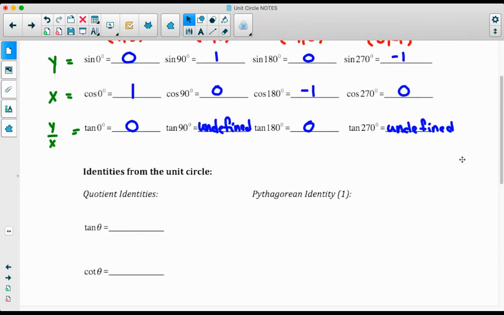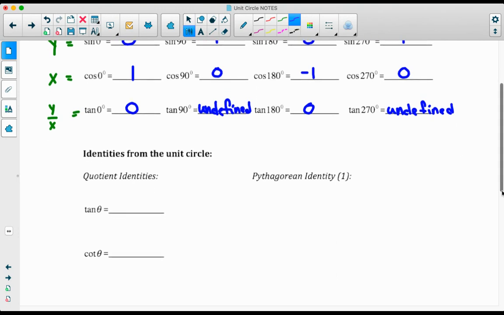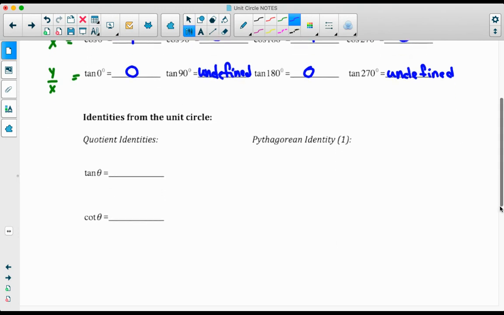Okay, we have quotient identities. What's a quotient identity? Well, a quotient is a fraction. So what fraction is tangent? Yes, it is y over x, but what is y equivalent to again? y is equivalent to sine. So if your quotient identity for tangent is equal to y over x, we know y as being sine of theta, and x being cosine of theta creates that fraction, sine theta over cosine theta.